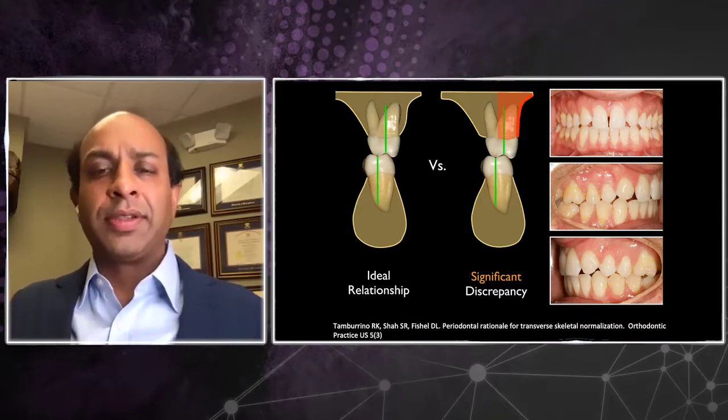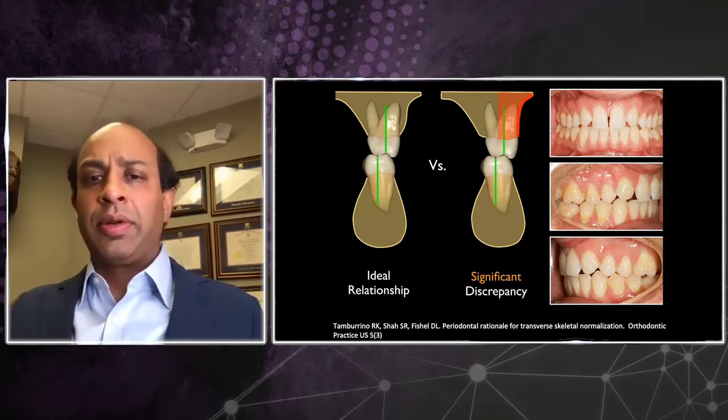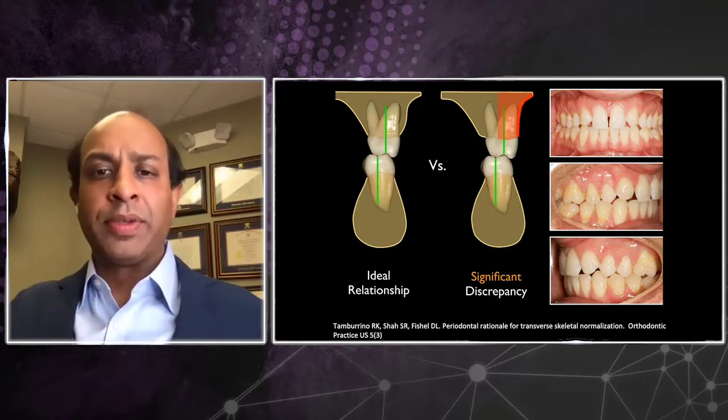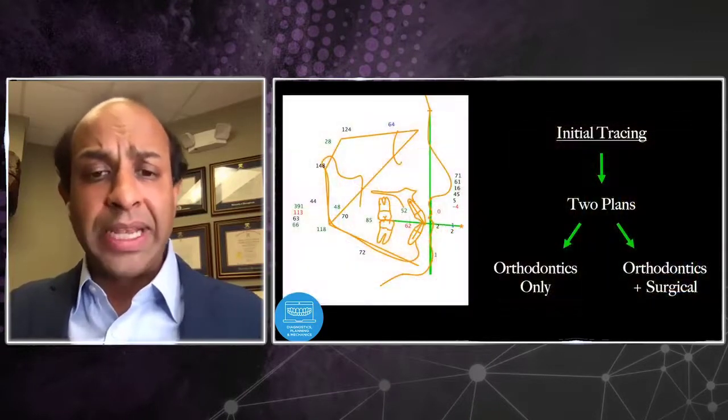And as a result, the health and longevity of the maxillary molar and the underlying bone was at risk. When we took a look at the lateral ceph tracing and looking at the position of the anterior teeth, we could see that the upper central incisors were also pushing against the buccal cortical plate.